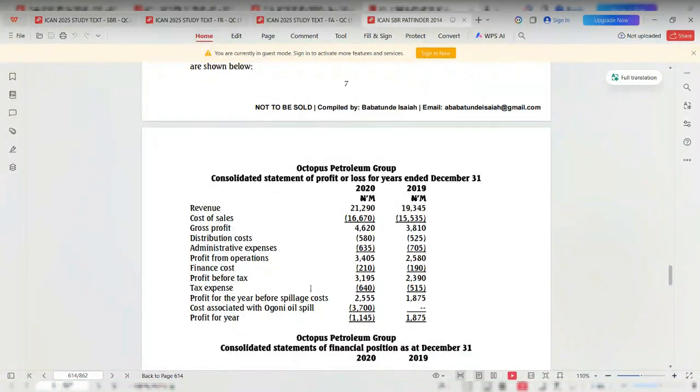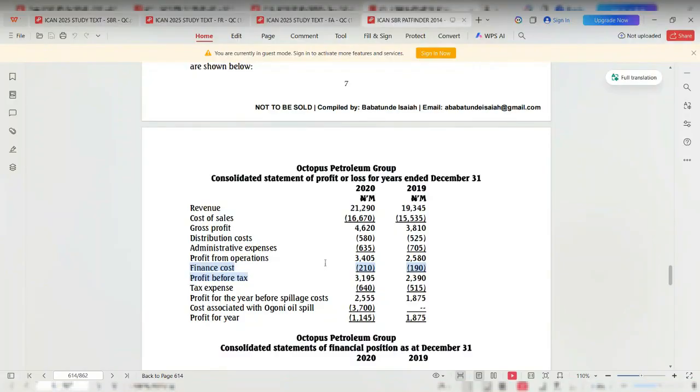Your finance cost is the interest element. We say profit before interest and tax. We have profit before tax to be our 3,195,000. We now say plus our interest element, which we call finance cost. Finance cost is your interest. Are we still together? We are together. Yes. So 3,195,000 plus 210.